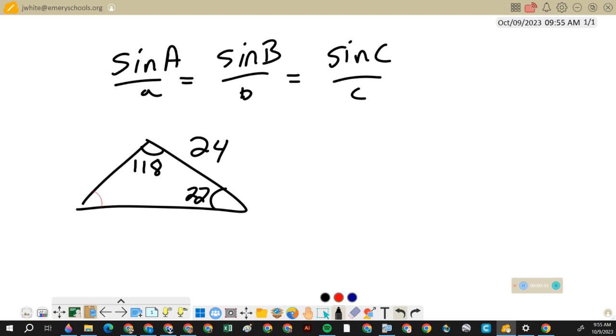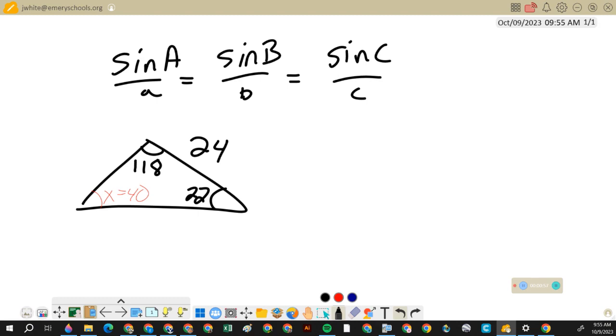So I need to figure out how big this angle is. I just take 180 minus 118 minus 22. We get 40. So let's find it. This says solve. Oh no, find the indicated measurement.